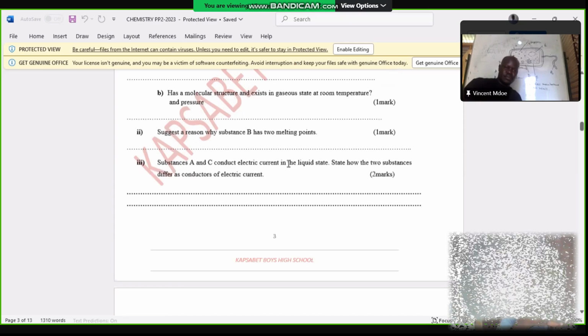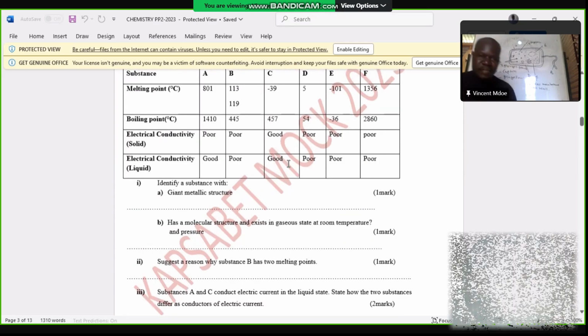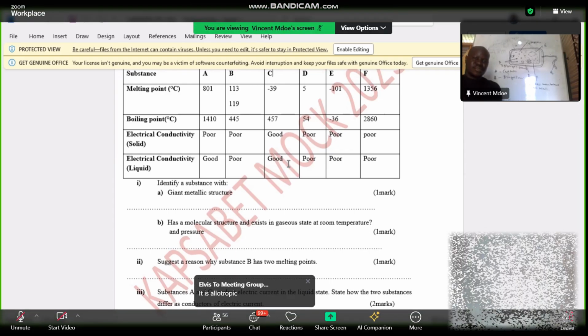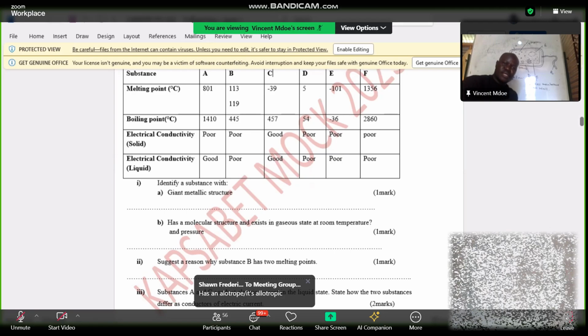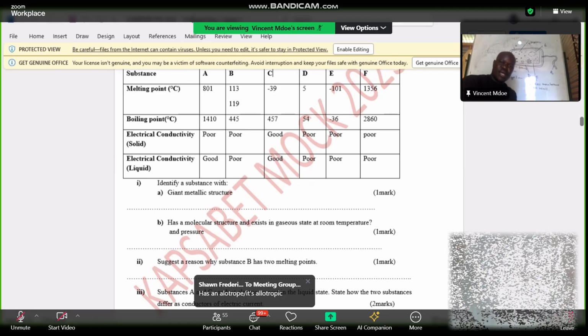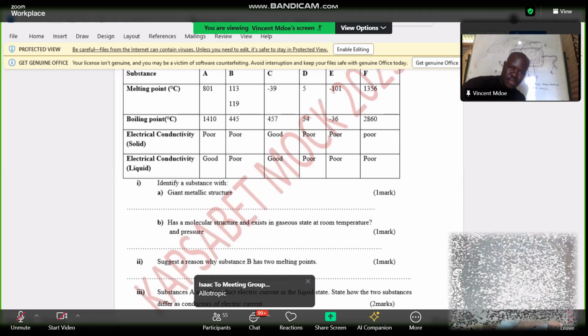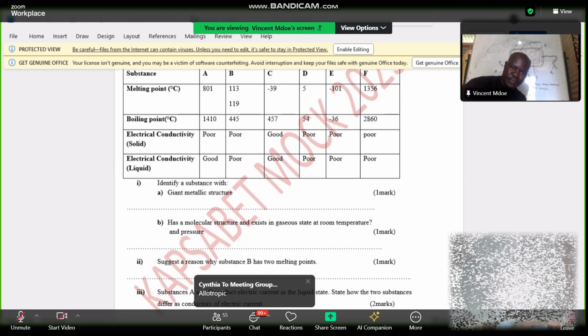Go to the next. Suggest a reason why substance B has two melting points. Why would it have two melting points as shown? Elvis: it exhibits allotropy.